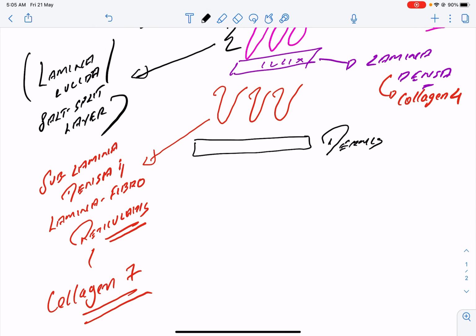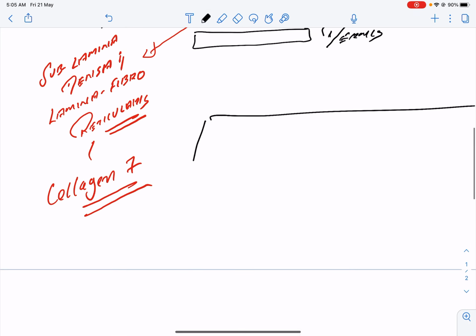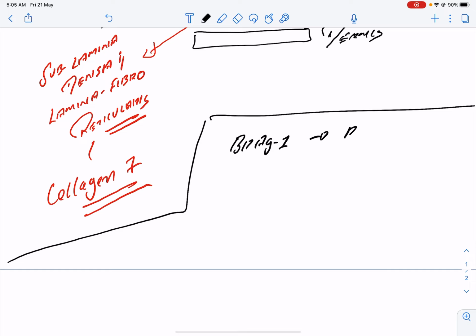All these proteins also have different names, which are asked in the exam. BPAG1 is also called BP230.